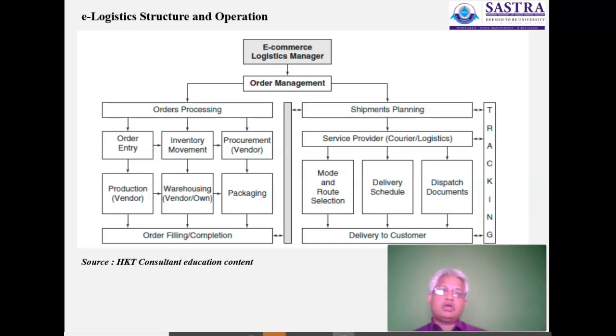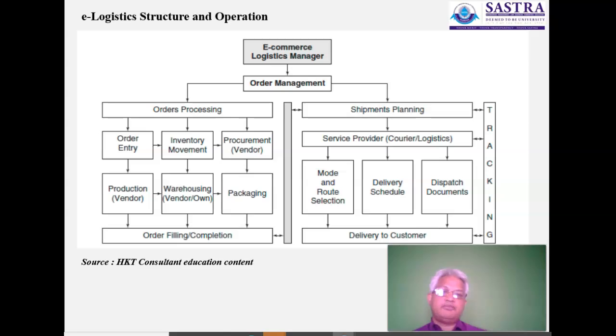What is the meaning of order management? A logistics manager has to handle the two different processes that constitute order management. Let's see the left hand side. It says order processing. The right hand says shipment planning.